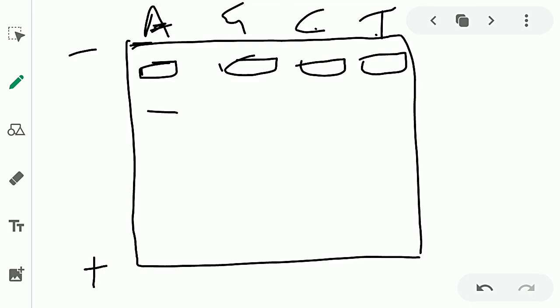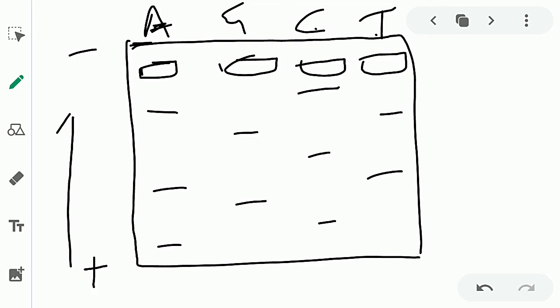Based on the size, DNA strands get separated. Now we know the fragment which moved the maximum is the smallest one. That means going from plus to minus, the DNA size keeps increasing.